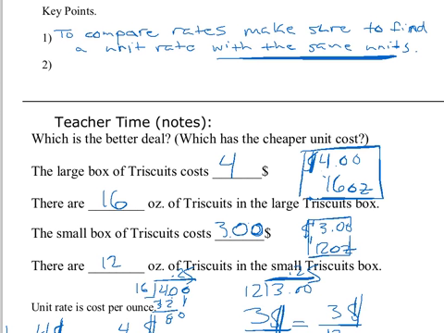All right, any other key points? Jalen? To add on to what you first said, also make sure the units are the same. All right, any other key points? Okay, let's move on.